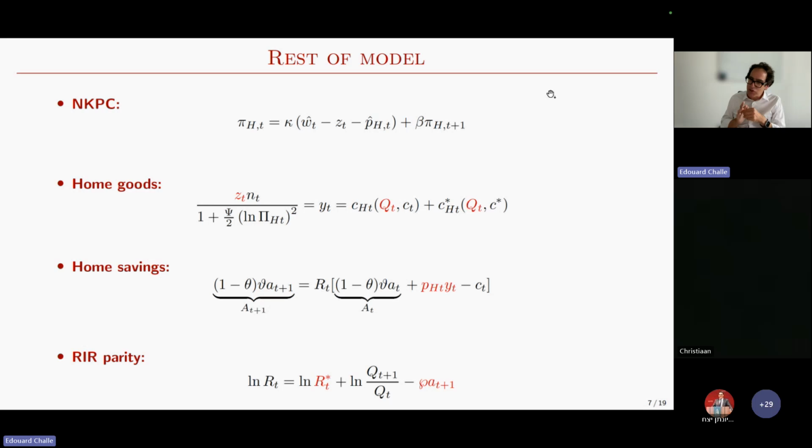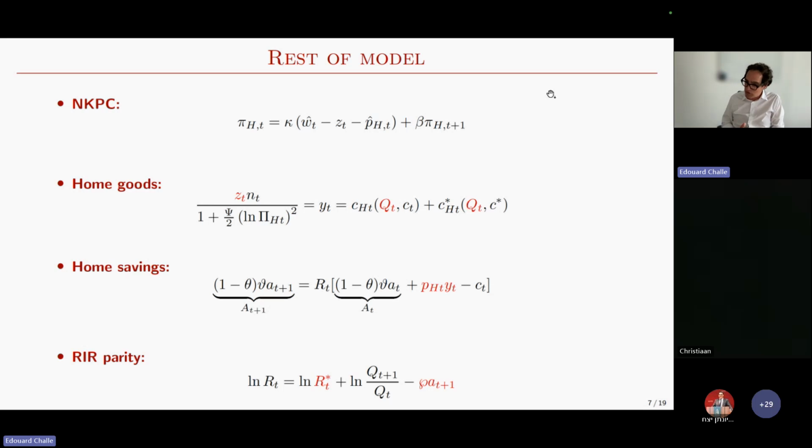This means that there is a small cost from departing from zero net foreign assets. So if you're lending to the rest of the world, the more you lend, the more intermediation costs kick in, and the lower your return on those assets as a domestic economy. And conversely, if you borrow, the more you borrow, the greater the cost of this borrowing. So this is captured by this last term in the real interest rate parity.